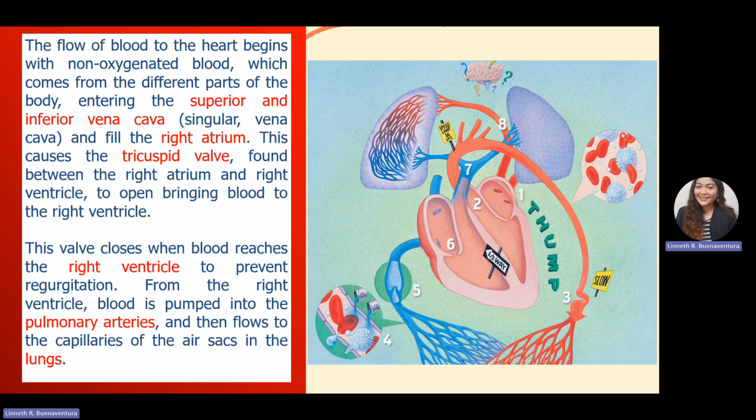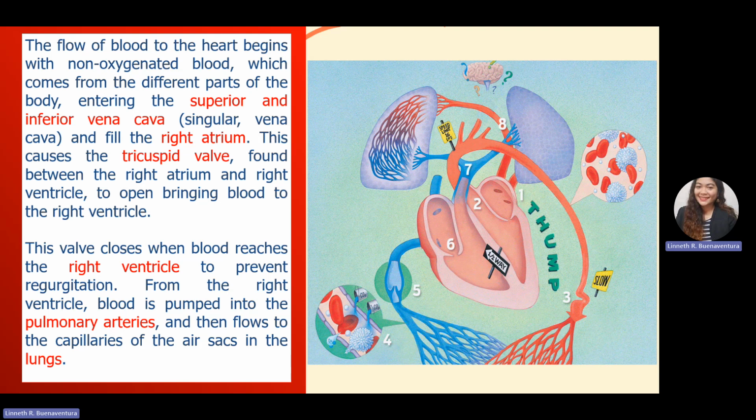This causes the tricuspid valve, which is found between the right atrium and right ventricle, to open, bringing blood to the right ventricle. So first, from different body parts, followed by the superior and inferior vena cava, received by the right atrium, it will pump, and then the tricuspid valve will open. The blood will flow towards the right ventricle.